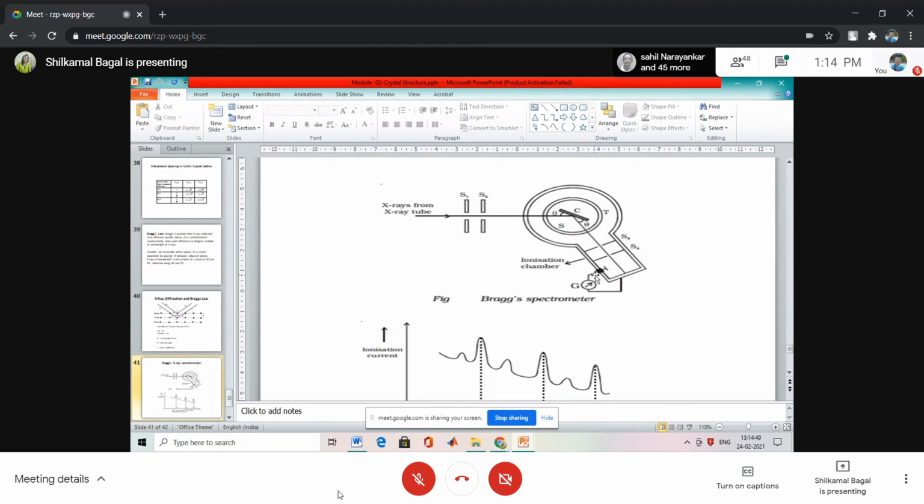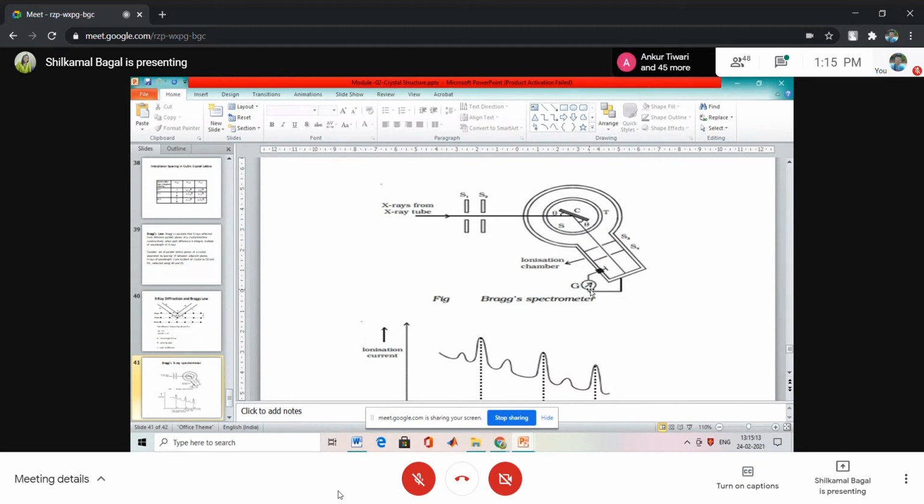This assembly is known as a spectrometer. It consists of the central turntable connected to the movable arms around it, which is filled with the gas. In this ionization chamber arm, the two electrodes are inserted and connected to the galvanometer.